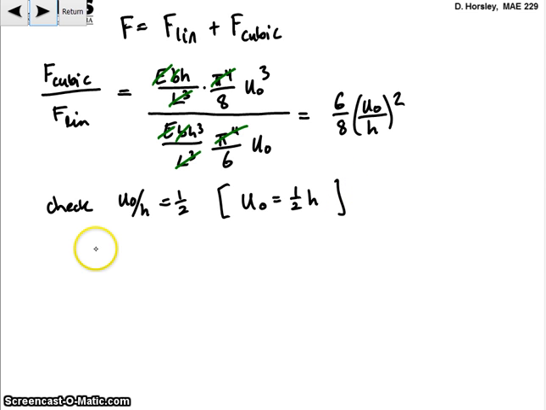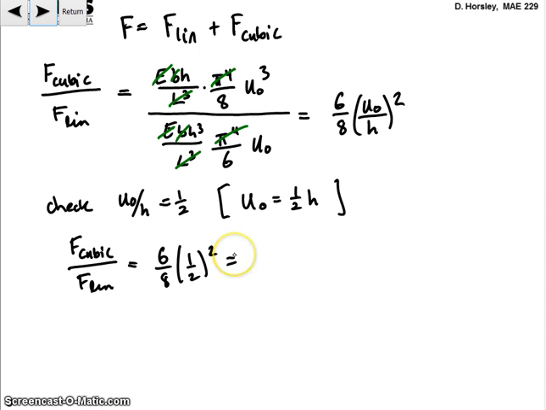Okay, so then what we get is that the F cubic over F linear is 6/8 over 1/2 squared, and that evaluates to, I have to use a calculator for this, 18.8%. Okay, so the first thing I want you to notice from this is that the nonlinearity, basically the way we should think about the displacement amplitude, is it's the amplitude relative to the width of the beam.